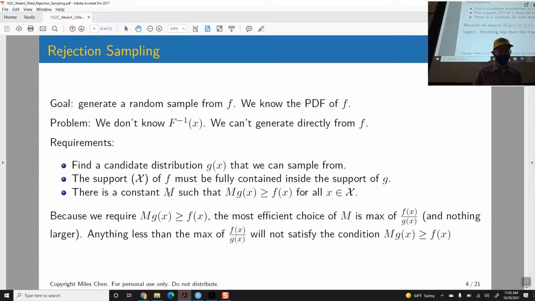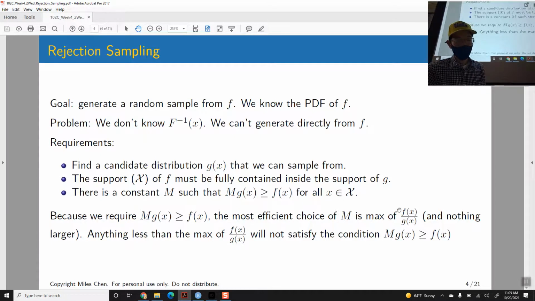Okay, so we need to find this constant m. The most efficient constant is the smallest value of m that fulfills this condition and nothing larger.